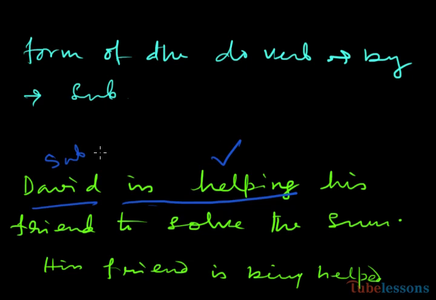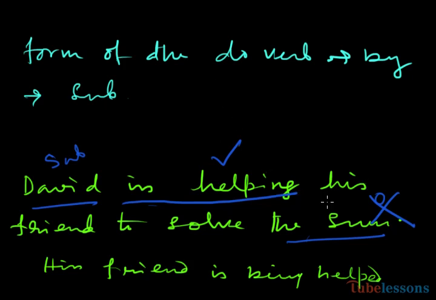Now, there are lots of students who will think here the object is the sum. But this is not the object, sorry, my mistake. Always remember, the object is directly related to the do verb.